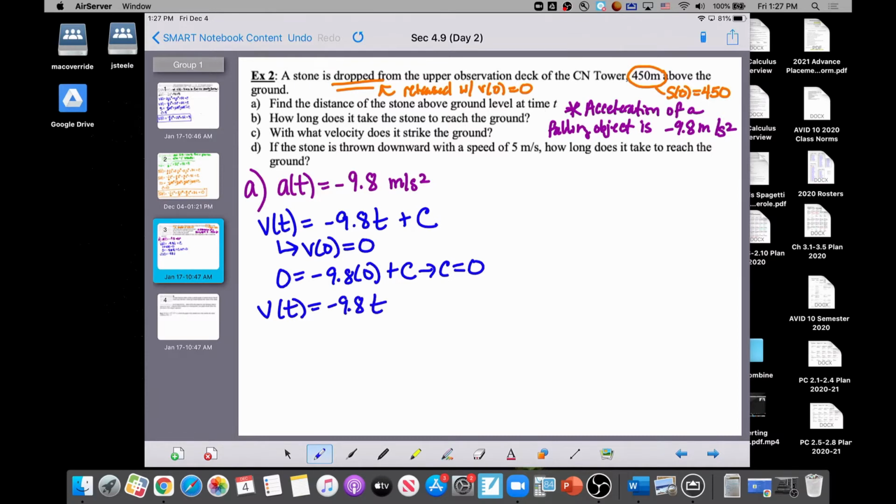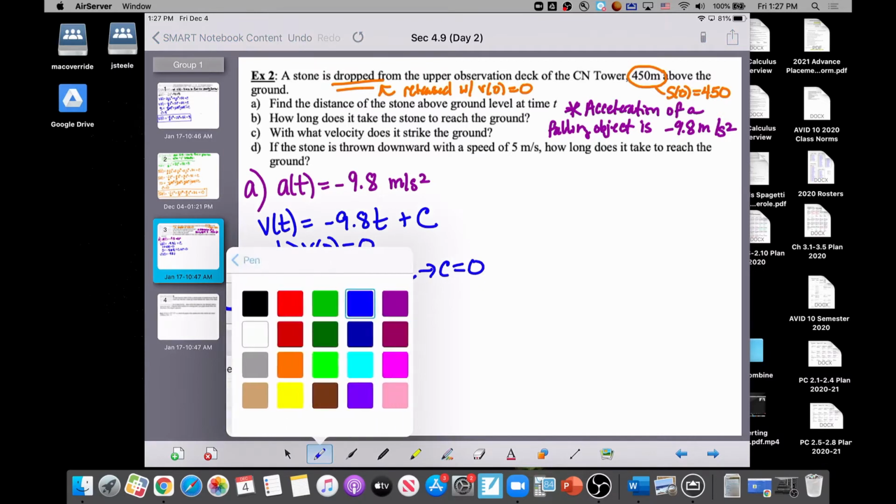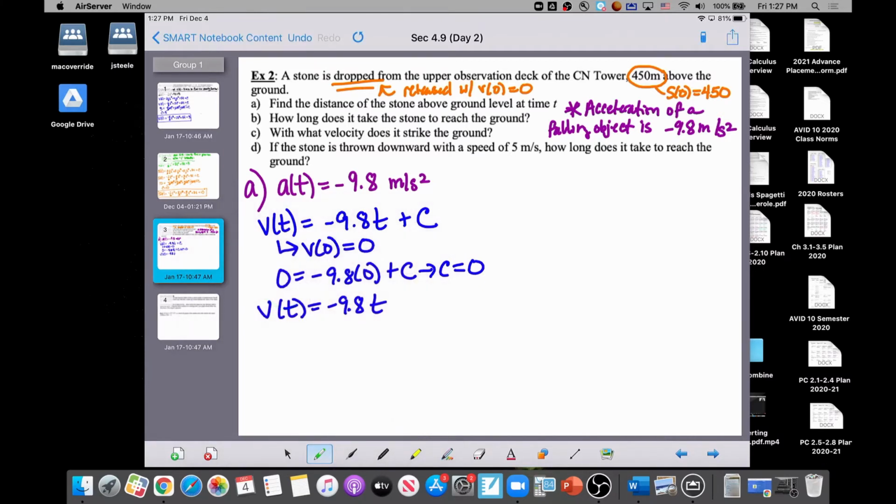That's pretty easy. And so now we need our position function, which is going to be the antiderivative of the velocity. So our s of t is going to be negative 9.8. Now, if we're going to change this to t squared, we have to multiply by 1/2. And again, we didn't have a constant term, so we're going to have a plus c here, which we will have to solve for. So half of negative 9.8 is negative 4.9 t squared.